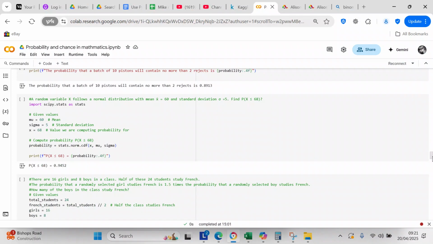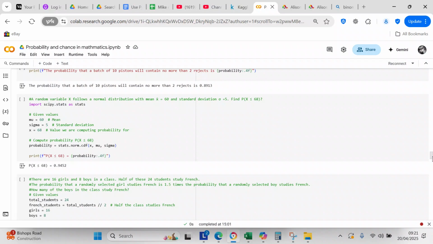Again, we're going to use the Python scientific library SciPy: import scipy.stats as stats. We have our given values: mu, your mean, is 60; sigma, your standard deviation, is 5; and x, the value that we're computing the probability for, is 68.